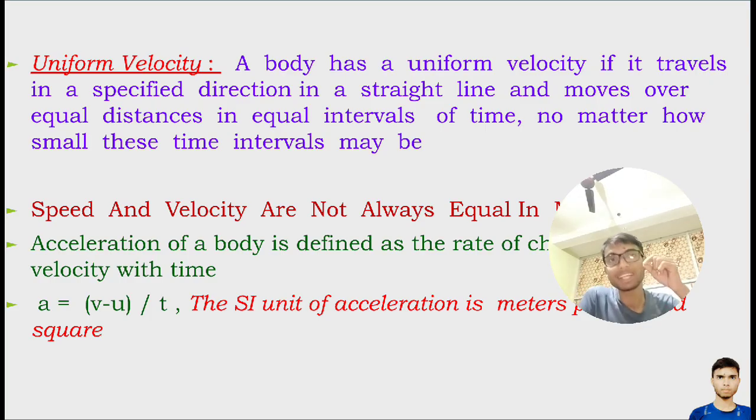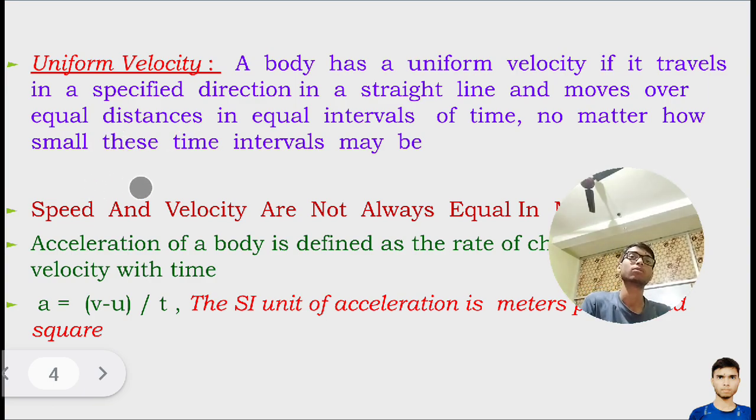So when you decrease the speed of your vehicle, this will not fit the definition of uniform velocity, because here we are considering velocity as uniform. That's why I am saying when you take a turn, you will decrease the speed.